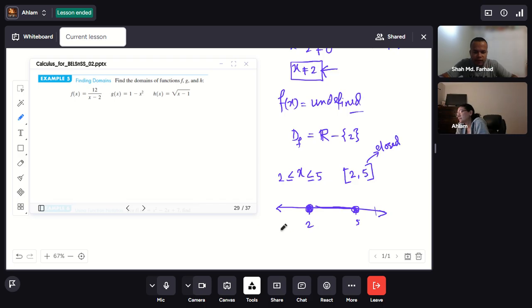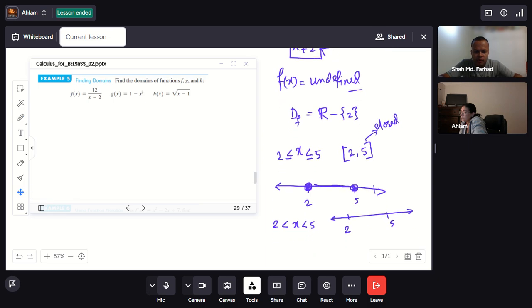But if you are given that x is greater than 2 and less than 5, then we will not consider 2 and 5 as values of x.